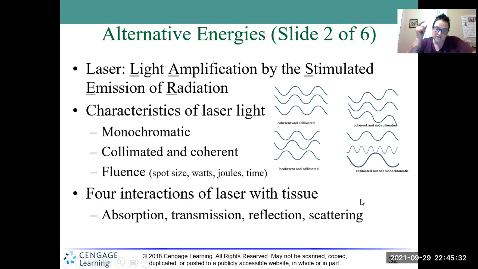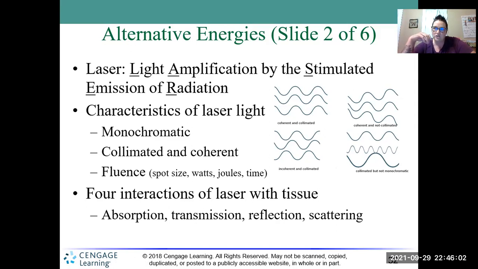Then there's 4 interactions that lasers have with tissue. Absorption, of course, the tissue can absorb the laser energy, and that tissue is then destroyed. Transmission is where it's actually transmitting it, and this could happen from one tissue to another, and it can be good or bad.